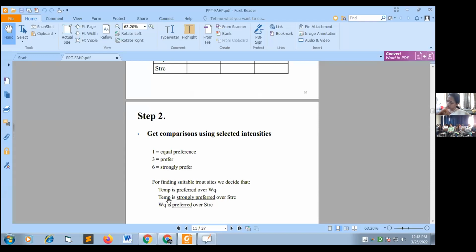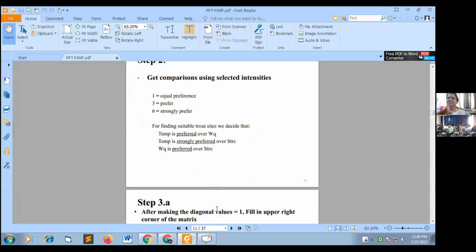Then temperature is strongly preferred over stream structure, and water quality is preferred over stream structure. This is the way the criteria preferences are set according to which we select the trout suitability site.